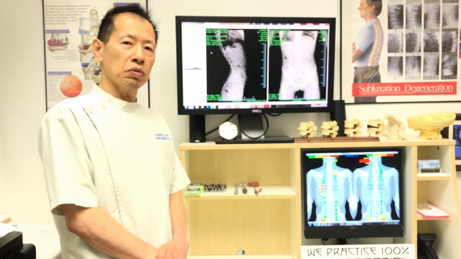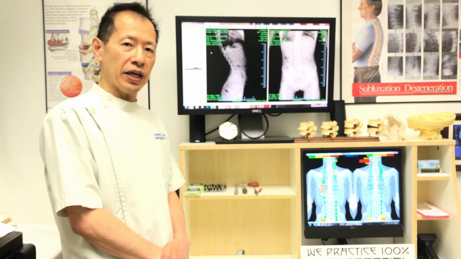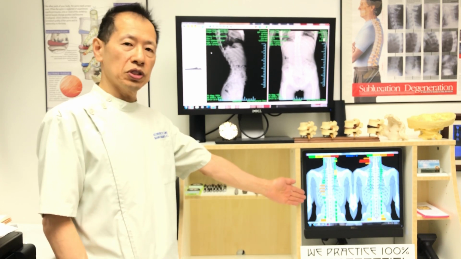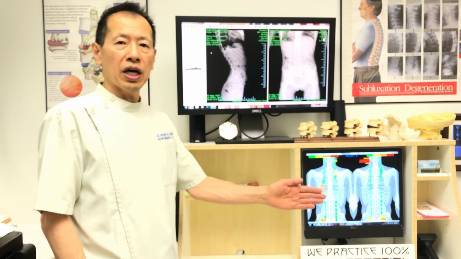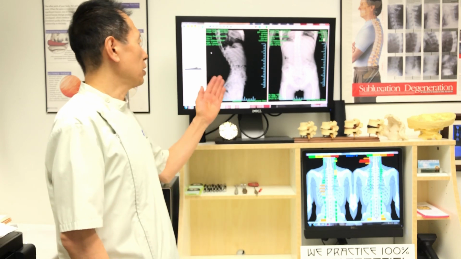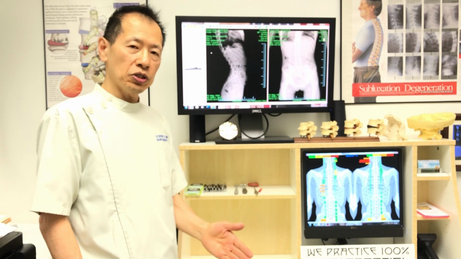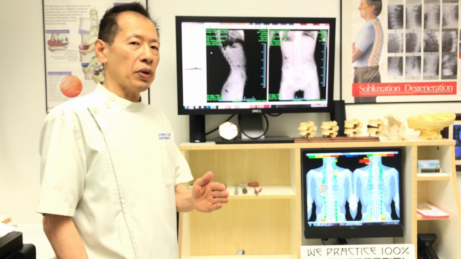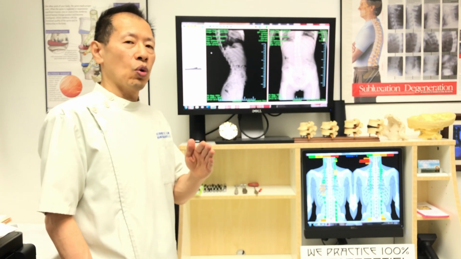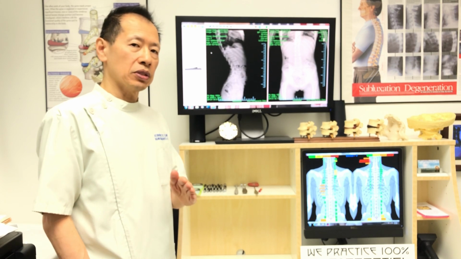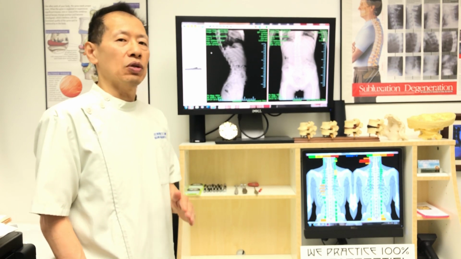Combining all of those data and findings, like the Titan C5000 and Nervoscope and x-rays and also palpations, we chiropractors decide what vertebrae or pelvis or sacrum we have to adjust.